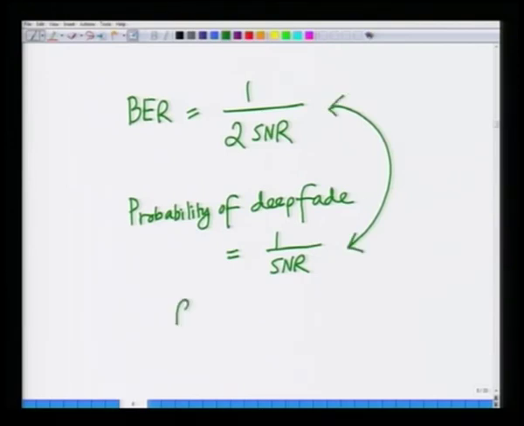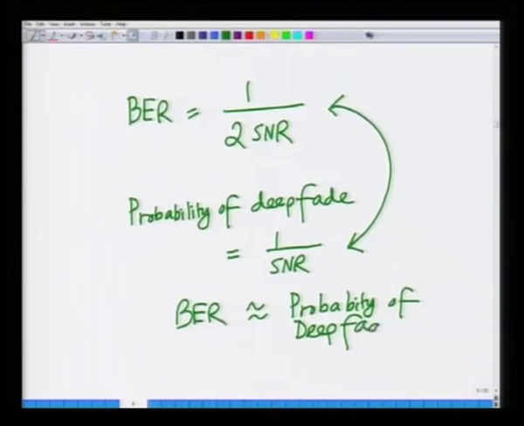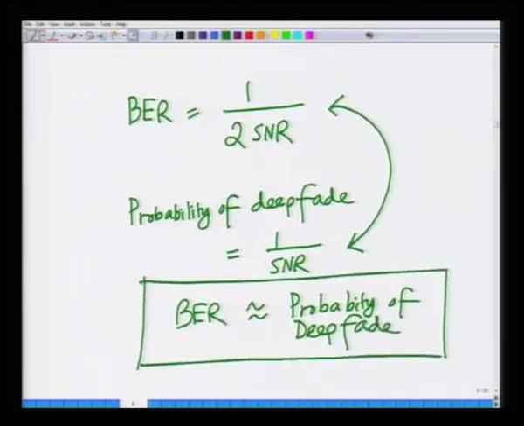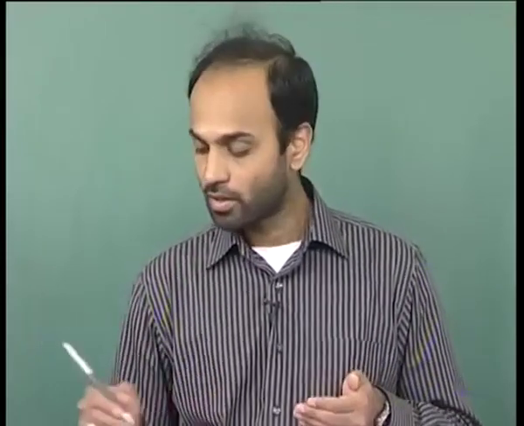Ignoring the factor of 2 in the denominator, because both are approximations anyway, the bit error rate is approximately equal to the probability of deep fade. That is, in a wireless communication system, bit error rate is nothing but a deep fade event. That is what this result is saying.